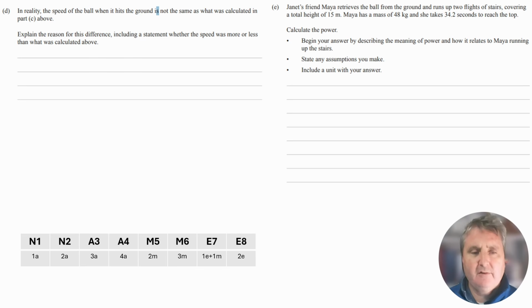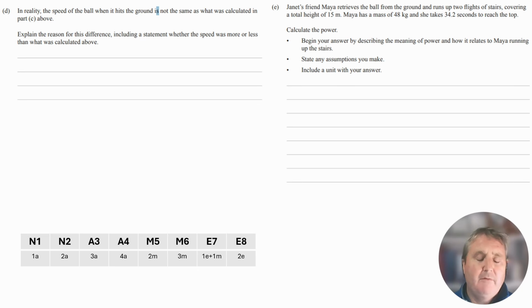In reality, the speed of the ball when it hits the ground is not the same as was calculated in part C. Explain the reason for the difference, including a statement whether the speed was more or less than was calculated. Of course, we assumed in our calculation that all of the potential energy transferred into kinetic energy, but as the ball falls through the air, the particles of air rub against the surface of the ball, and the friction from that will release heat energy.